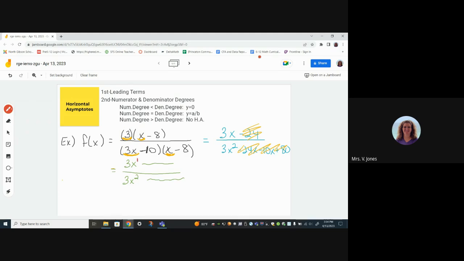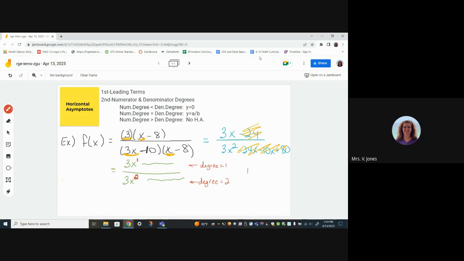The numerator, the top, has a degree of 1. The denominator, its biggest variable exponent is a 2, so it has a degree of 2. So we compare those two.